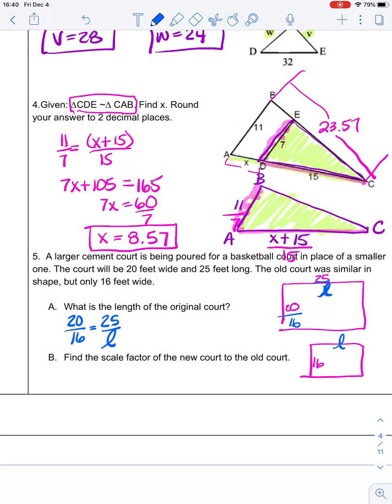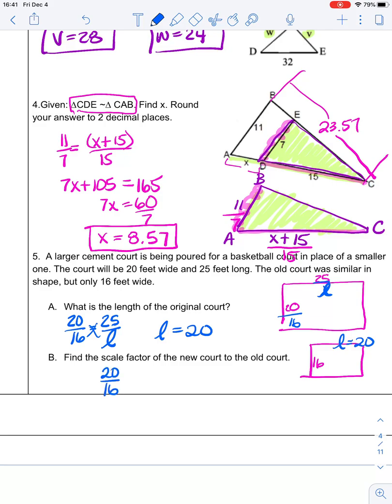So you could do 25 times 4/5 and find out that the original length was 20. The scale factor would be 4/5 because we're going from the new one to the small one. Or you can cross multiply this, and either way, you're going to get that the original length was 20.